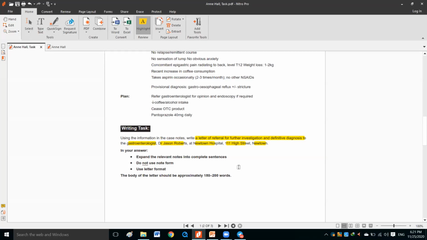So, as you see in this writing task, does the recipient, who is Dr. Jason Roberts, know the patient? No. Is there any evidence that guides you that the doctor knows the patient?